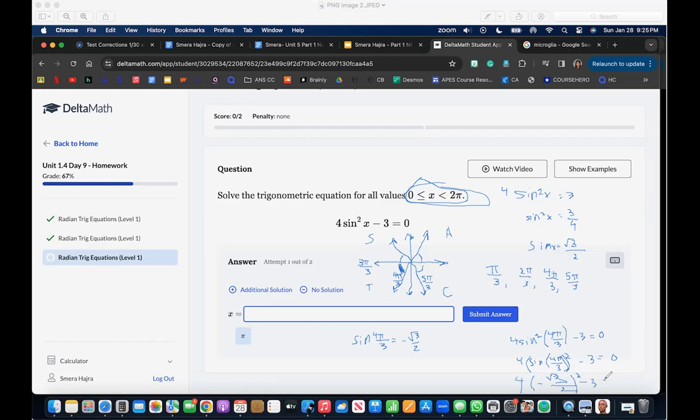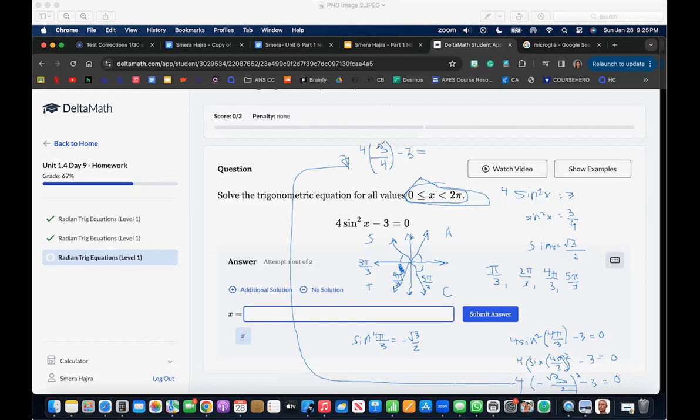The thing is that becomes positive, so it looks like everything else in the end. So 4 times root 3 over 2 squared is going to be 3 over 4. There's no negatives because a negative squared is positive, and then subtracting 3.